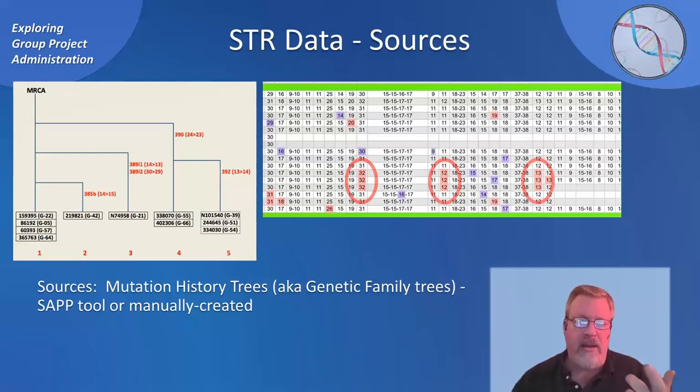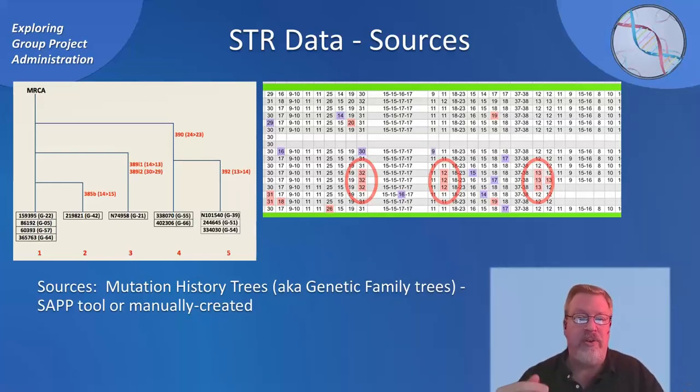So here in the example that I have, generally this particular subgroup has values for these three STRs that I've circled of 30 or 31, of 11, and of 12. And in this case, I've got three people that have very defined values that are in common of 32, 12, and 13. That is a branch that clearly branched off. It's possible for any STR to mutate either up or down.